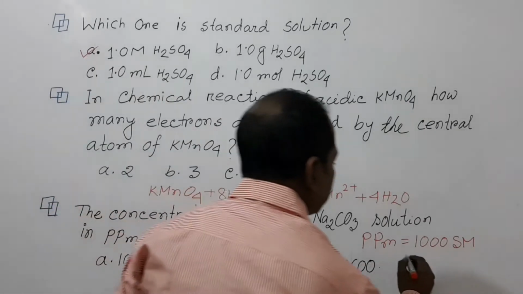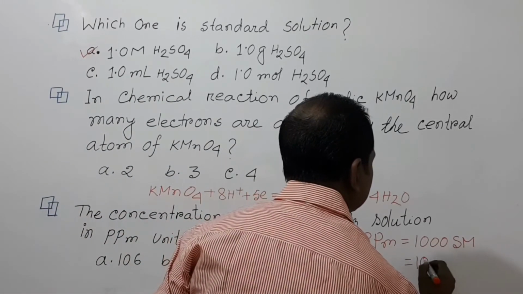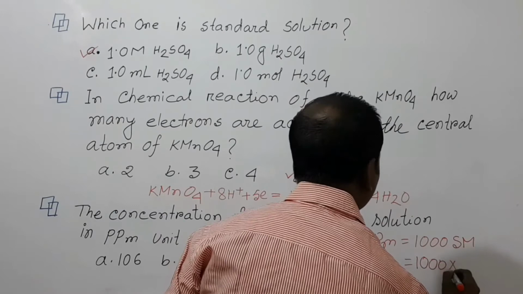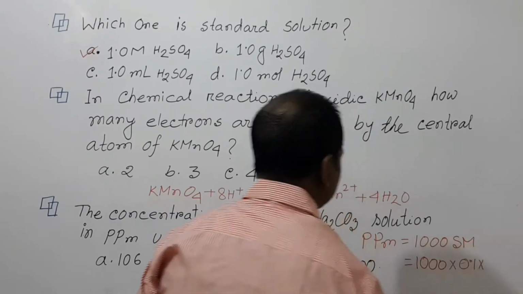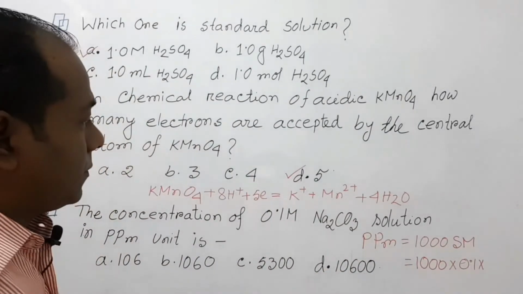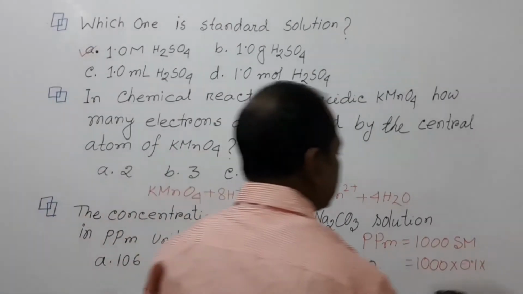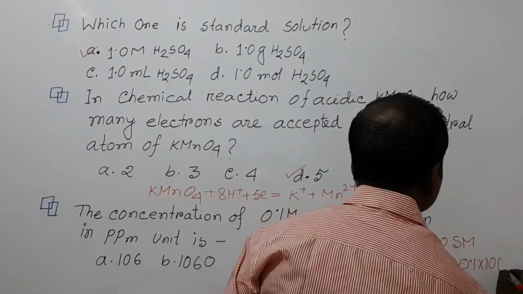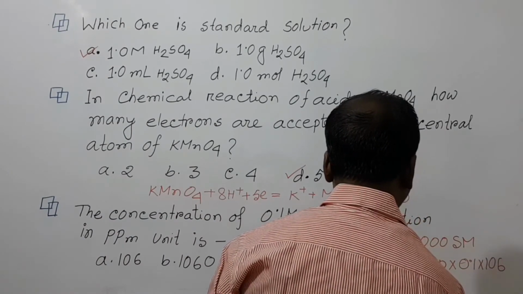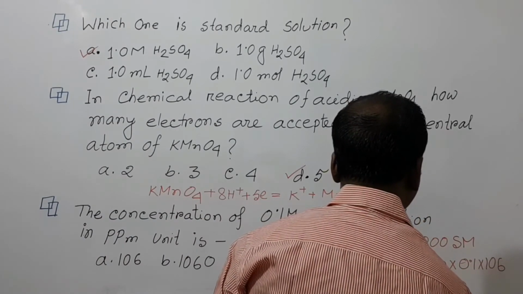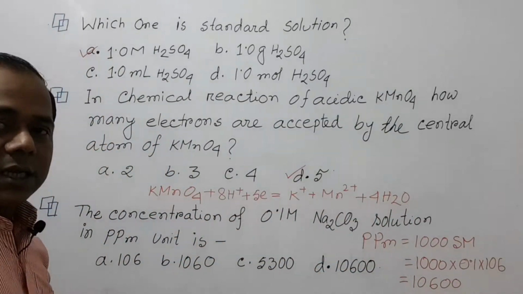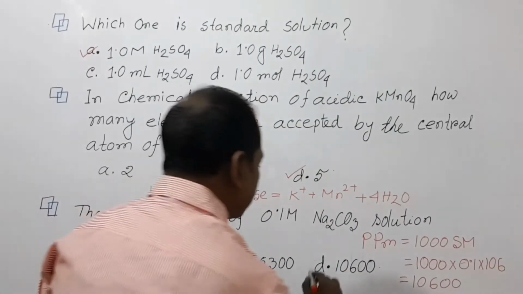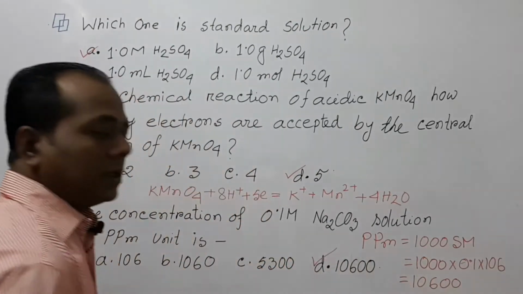So if we write here 1000, molar concentration 0.1 and molecular mass of sodium carbonate 106, the answer is 10,600, and according to our discussion the answer is option D.